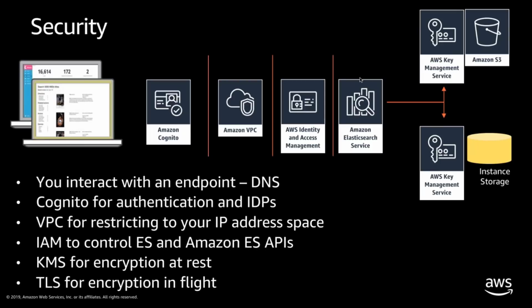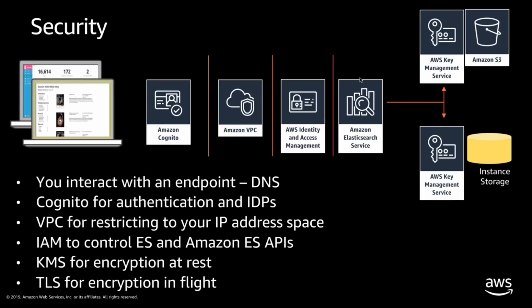So let's turn to security. We have, again, a multi-layered security setup that you use when you use the service. At the very lowest level, we do support integration with KMS to support encryption at rest. So the data that's in your cluster and the backups that we send to S3, those are encrypted at rest.